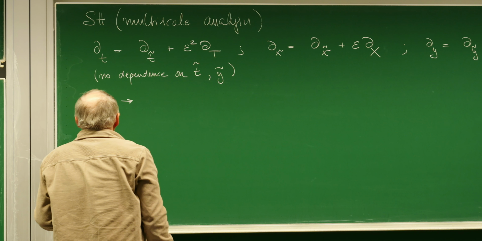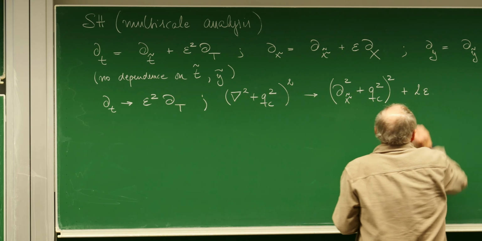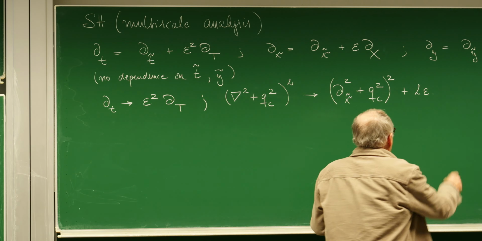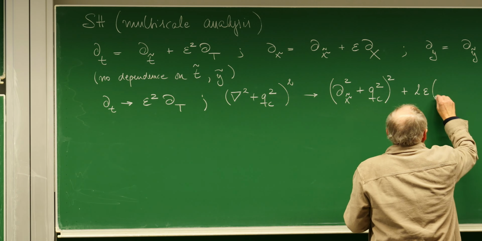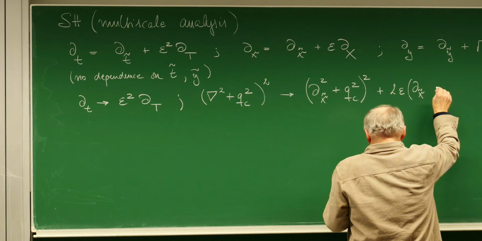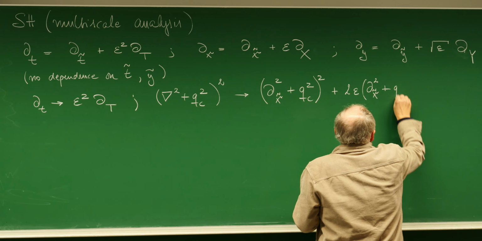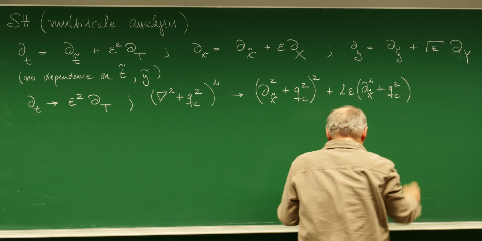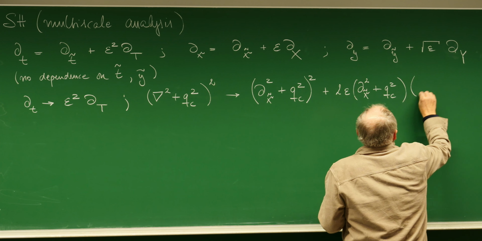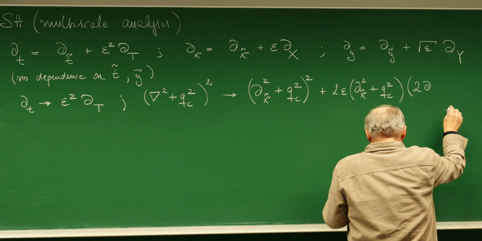That's coming from the fast variable giving rise to the carrier wave and our order 1 wave vector qc. And then I'm now ordering all the other terms according to our bookkeeping parameter epsilon. So I'm getting dx tilde squared plus qc squared. It's a bit of algebra, but not difficult, just a lot of writing.